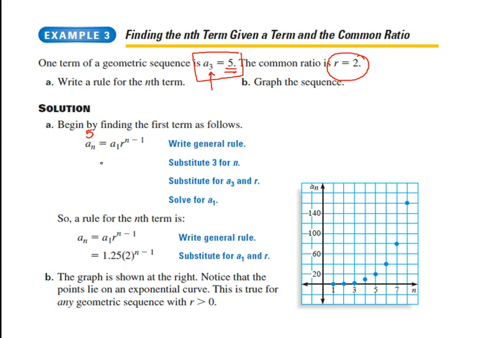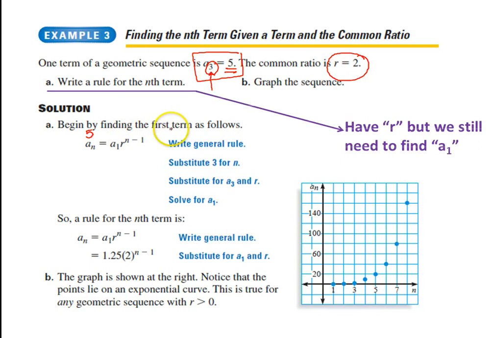That's our answer. They tell us r is 2, and n is going to be 3. So we plug in what we know: a sub n is 5, r is 2, n is 3. Plugging these in is going to allow us to solve for that a sub 1 that we said we're missing.